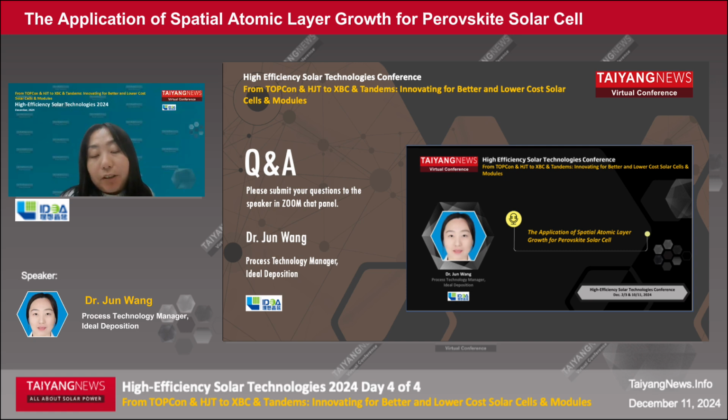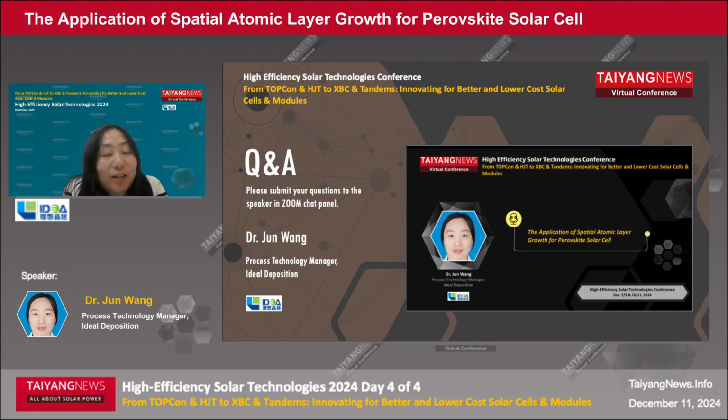Well, for the market for PSCs, there are different techniques for these solar cells. For example, the electron layers could be grown by vapor deposition and also ALD, and the PSCs also have different structures, which could be done by RPD.